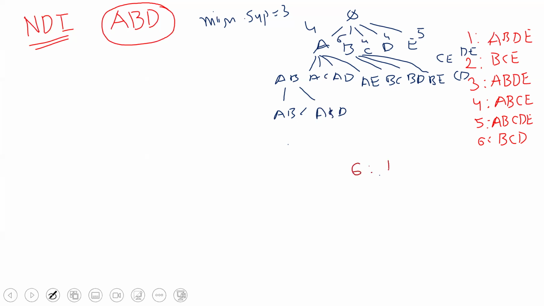Support of 6 is for B. B has support of 6. Item sets with support of 5 are E and BE. These are all frequent item sets.